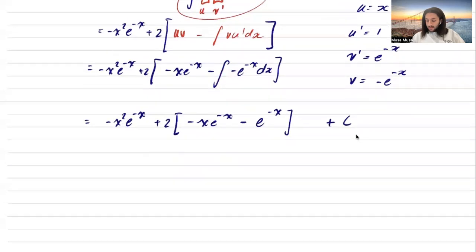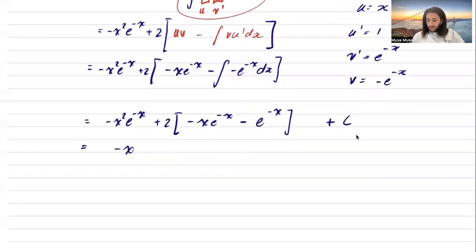So you can put a plus c there. Let's expand. So minus x squared e to the minus x, and then minus 2x e to the minus x, and then minus 2 e to the minus x plus c. Perfect. Not bad, I think. I think this is pretty good.